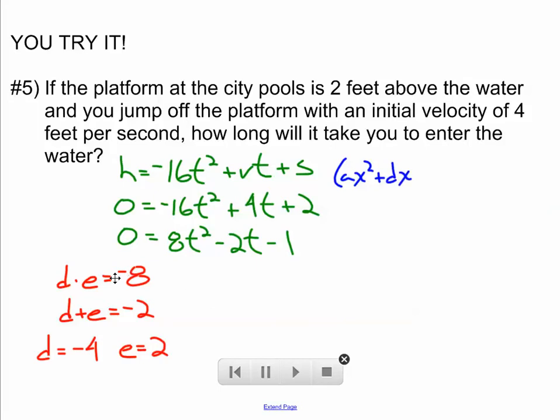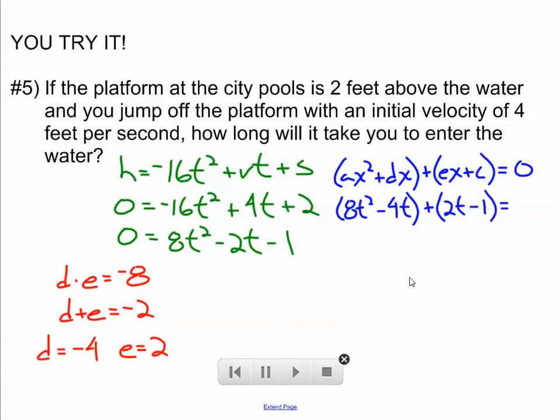All right, so I've identified that a times c is negative 8, b is negative 2, negative 4 times 2 will give me negative 8, and negative 4 plus 2 will give me negative 2. Over here I'm plugging in my values. 8 for a, negative 4 for d, 2 for e, negative 1 for c.